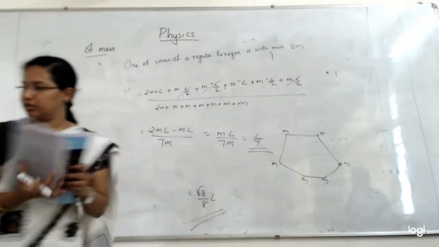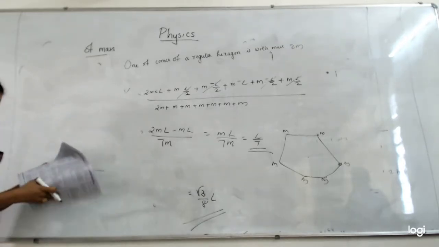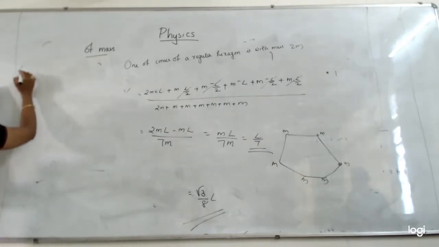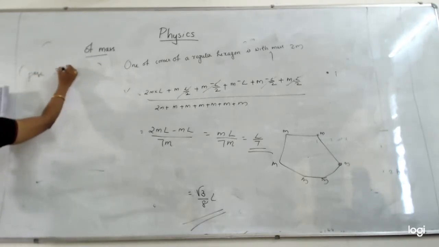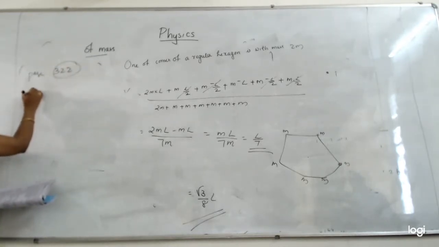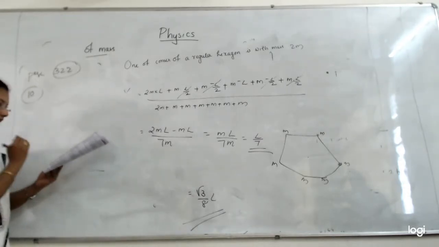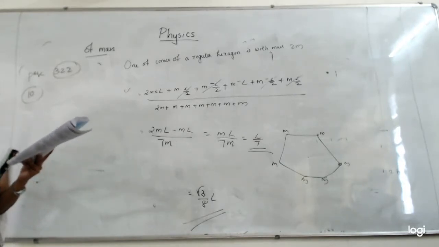Now, in the textbook, there is a question on page number 322, question number 10. Instead of a hexagon, they gave 4 identical particles, each of mass m, arranged at the corners of a square.